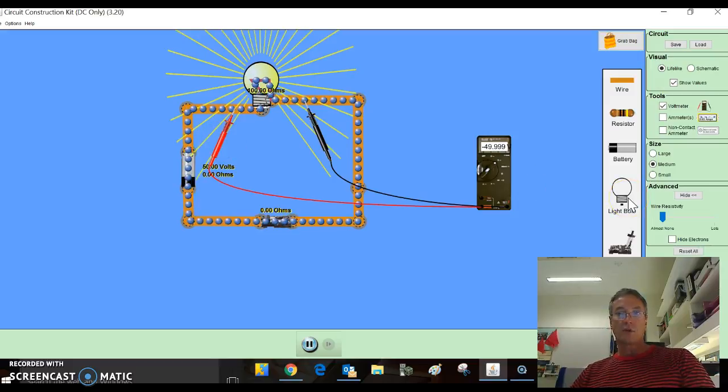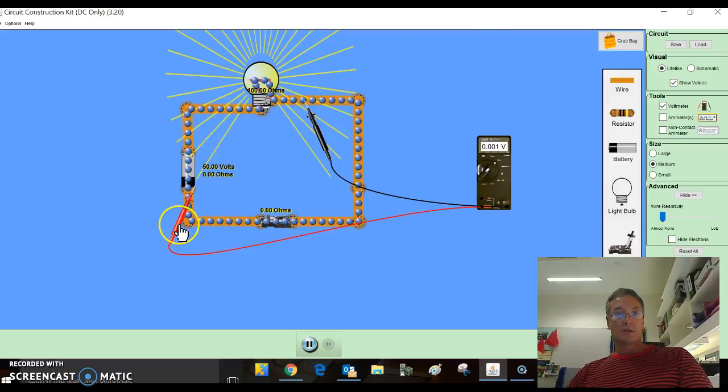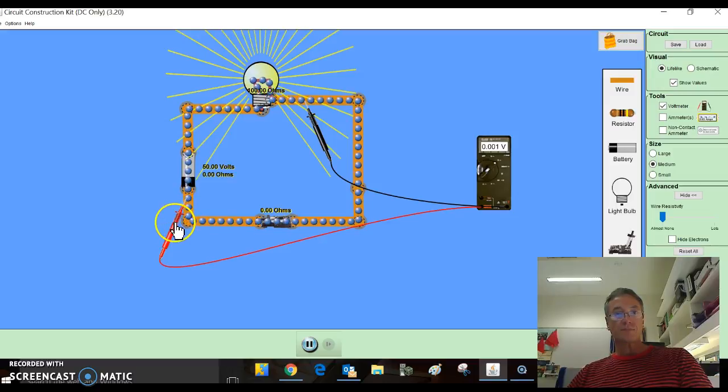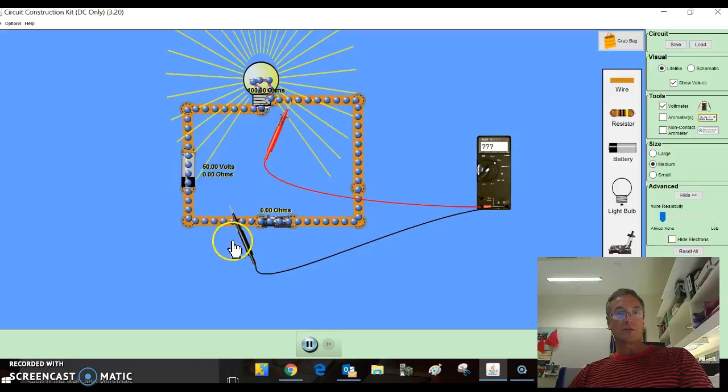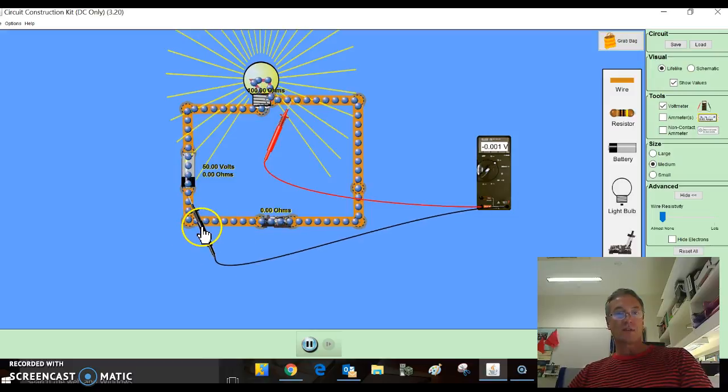Okay, so 49.999. So obviously, because the wire has a tiny bit of resistance, we are losing a very small amount of energy around this longer stretch of wire.